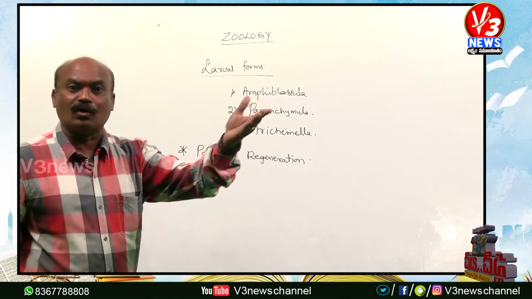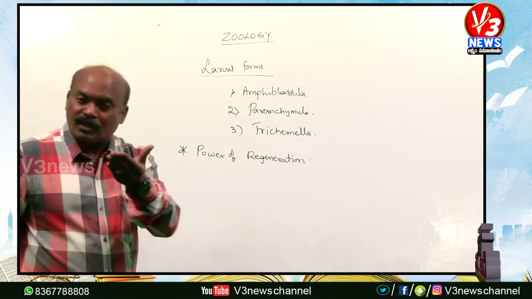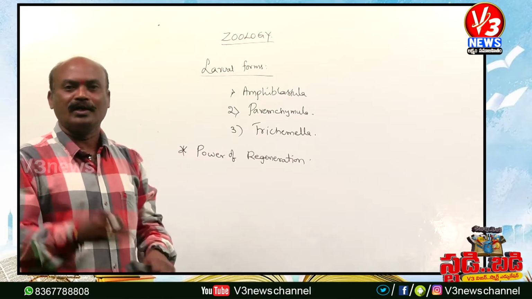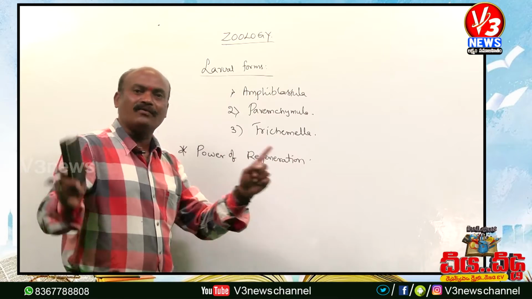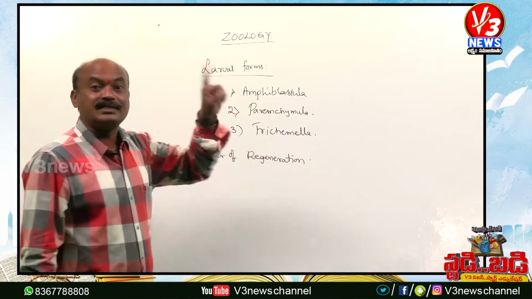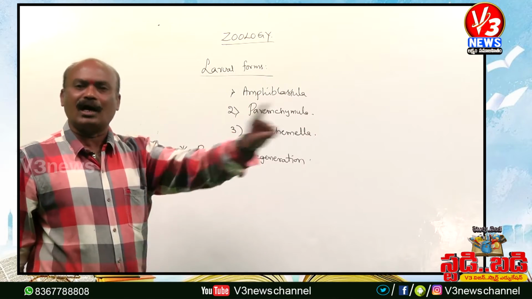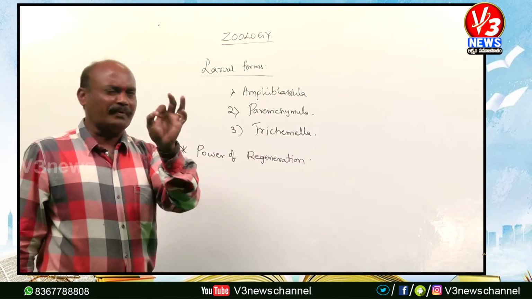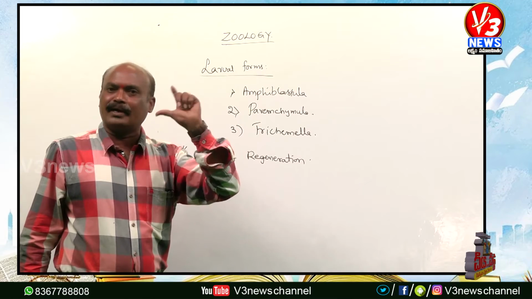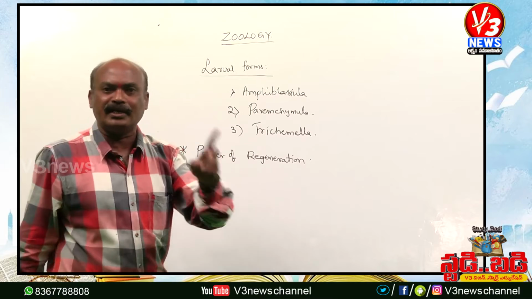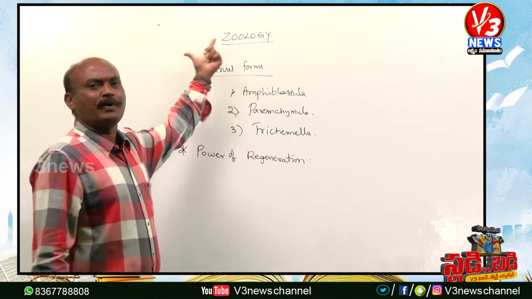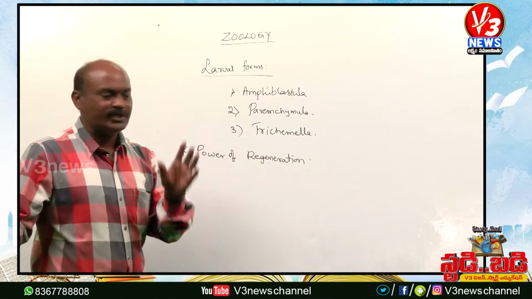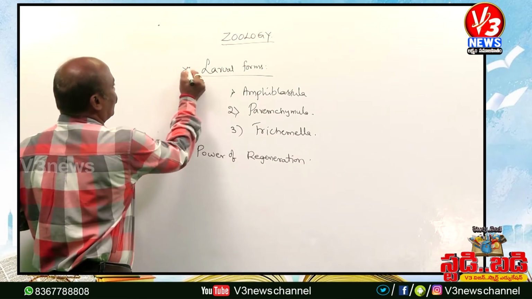In planarians also, because it is a comparative type of question, the power of regeneration is well marked, and it is well marked in echinoderms also. So remember forever the power of regeneration in three areas: sponges, Turbellarians, and echinoderms. These are the two important aspects regarding sponges.